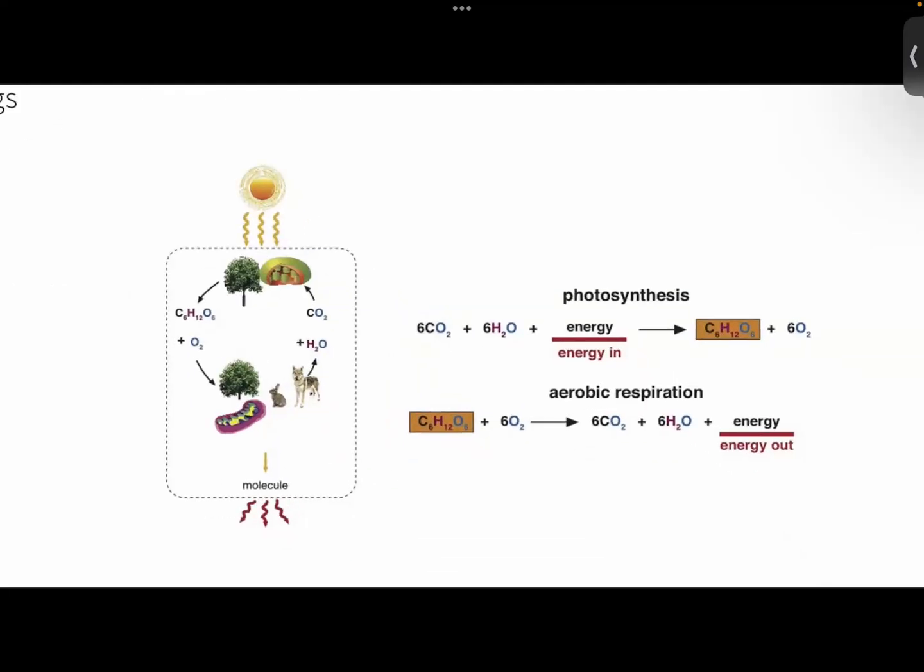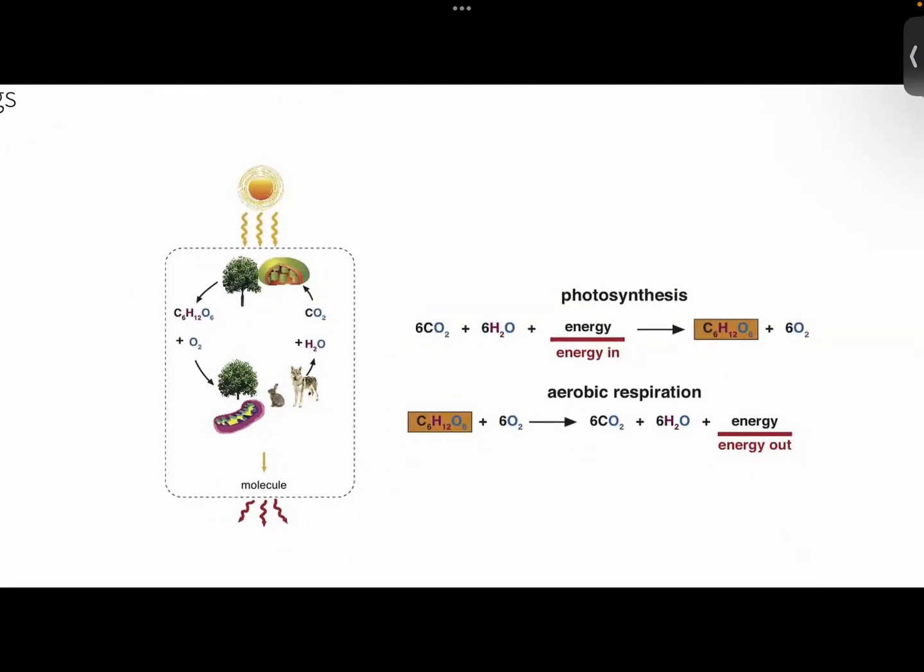So what is happening over here? Let us understand. In the process of photosynthesis, plants take raw materials like carbon dioxide, water, and energy from the sunlight, and they also need chlorophyll to perform this process. Thereby they prepare glucose. Glucose is basically the food that the plant prepares in photosynthesis.